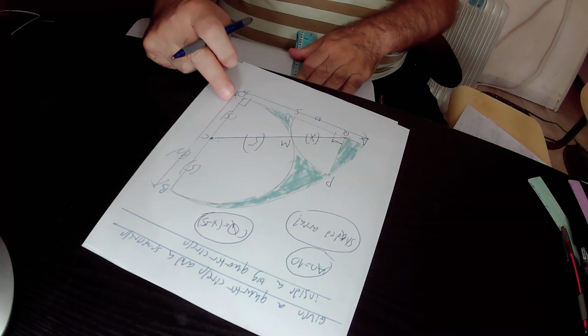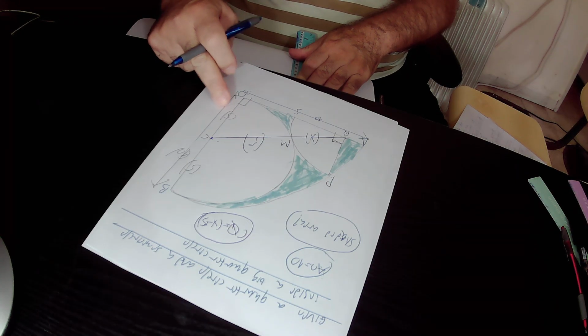Side CO equals 5 units in its length. It is the radius of this semicircle.